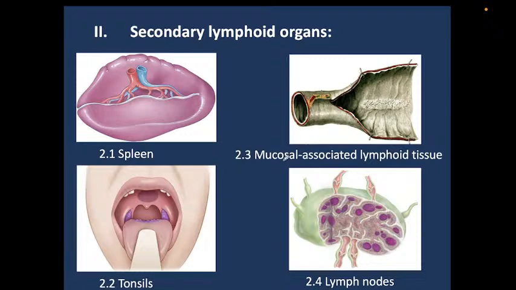And some of the lymphoid tissue is located in the mucosal element, in the bronchus, in the intestinum, and we call them mucosal associated lymphoid tissue.